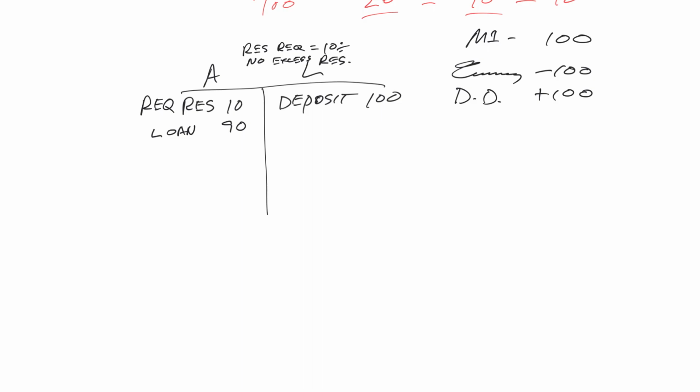Whether that's currency or demand deposit doesn't matter. Let's just say they took it out in cash, just to make it easy. What has happened to the money supply now? It's $190.